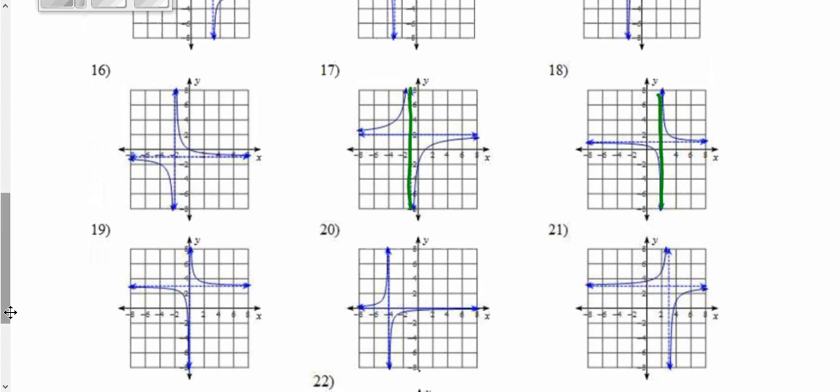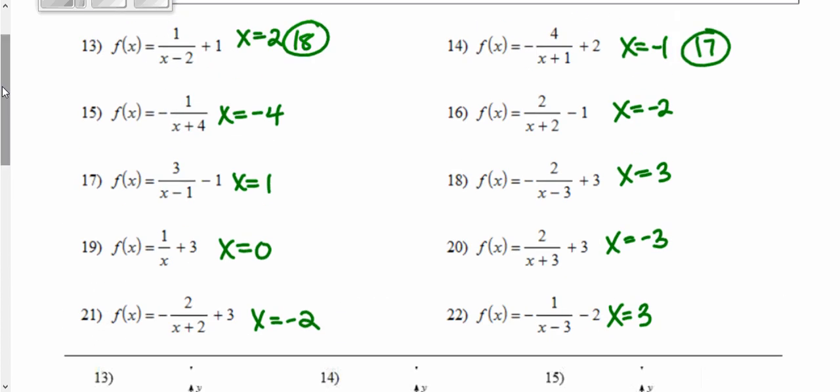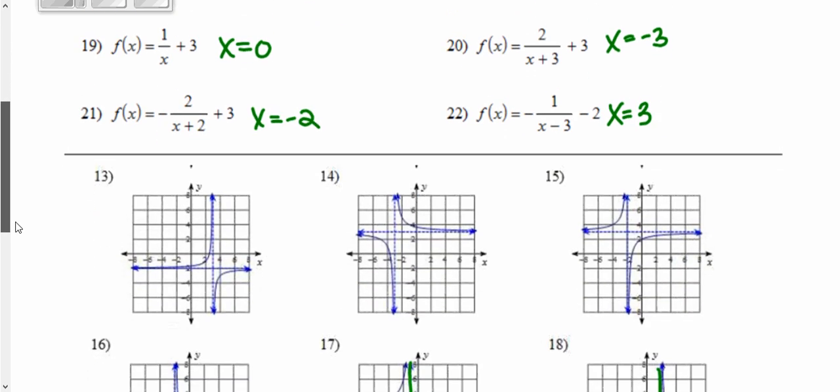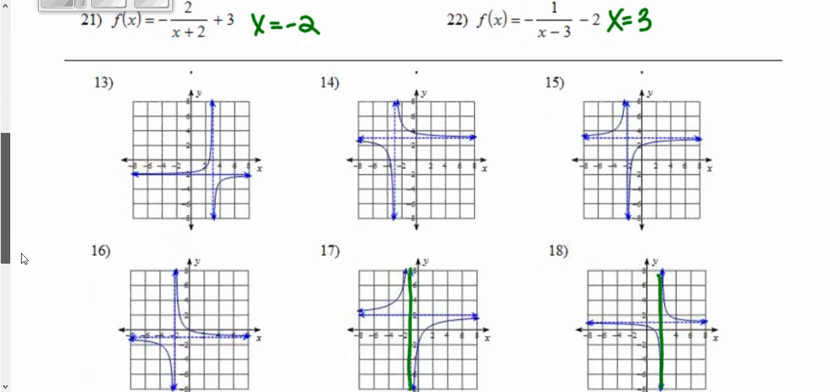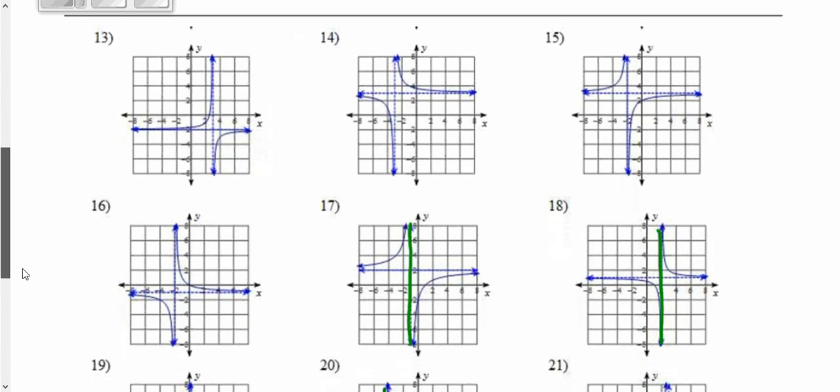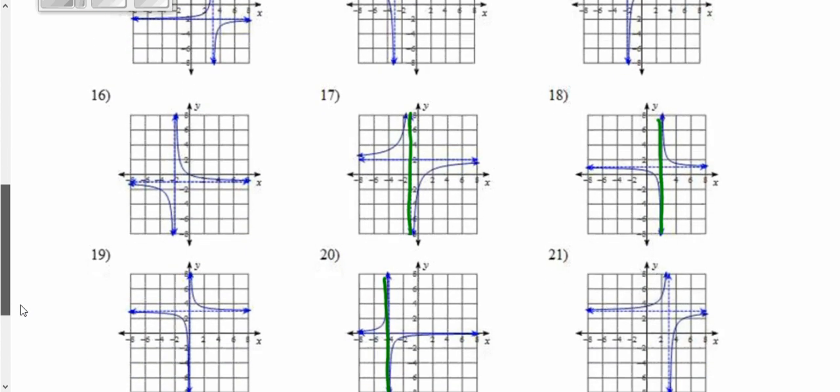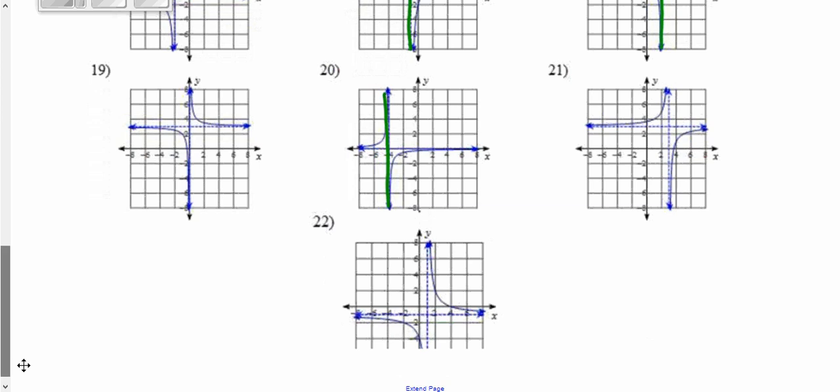So that goes with number 20. And then I have to come back to 16. So 17, the vertical asymptote is +1. So that's number 22.